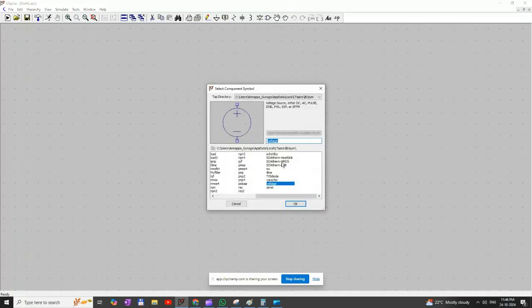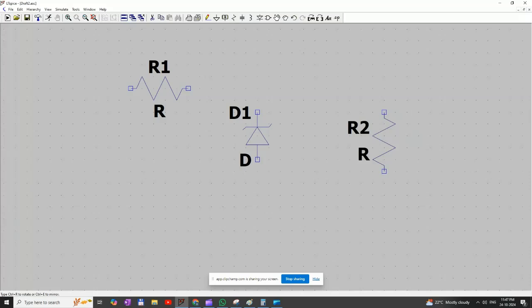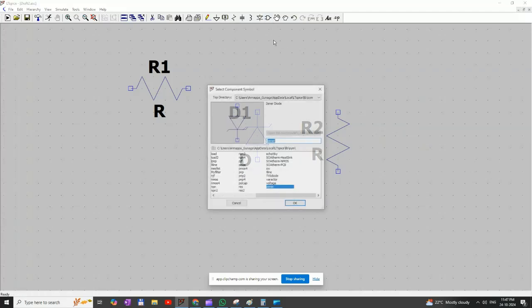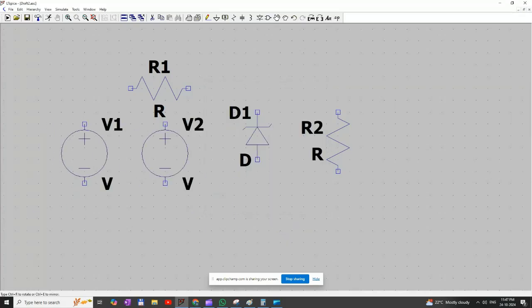Initially I am considering the Zener diode and the resistor R1, and another resistor parallel to the Zener diode, the load resistor, and the supply voltage Vs. Let us connect together.